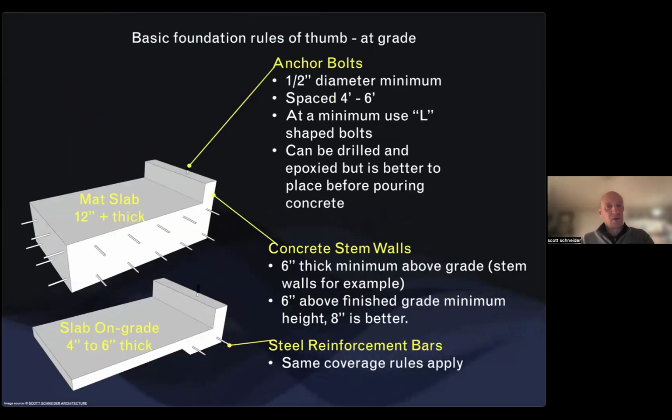And then for slabs, it's actually a good idea to do a little stem wall to turn a wall up from the side, and that helps get any wood framing that you might have above the ground.